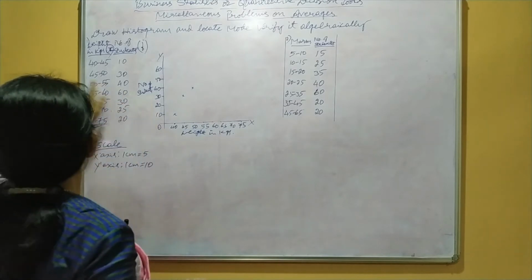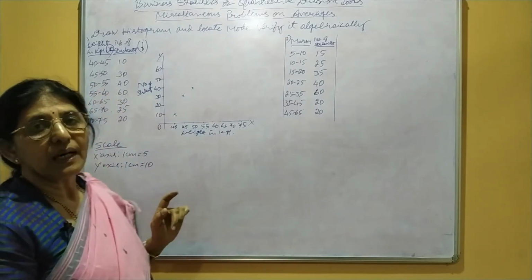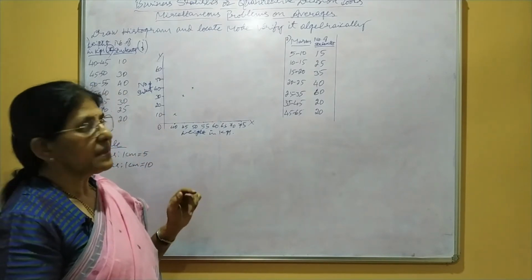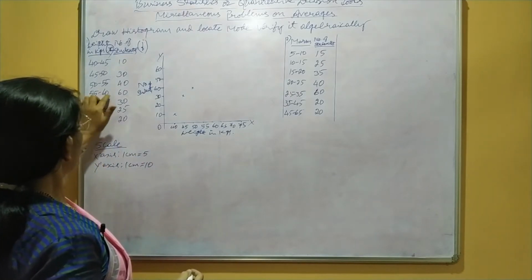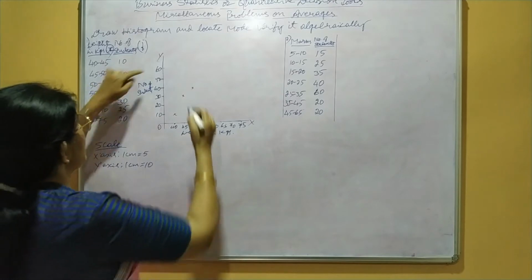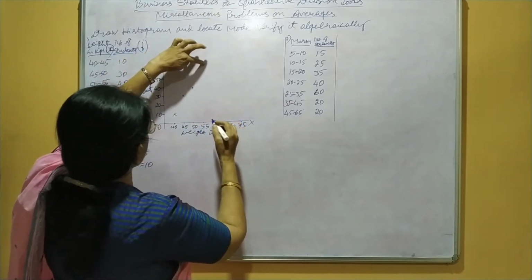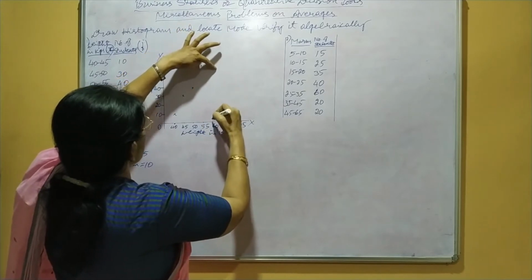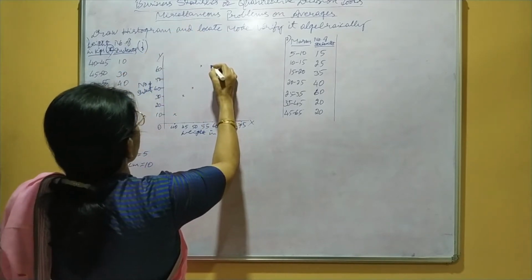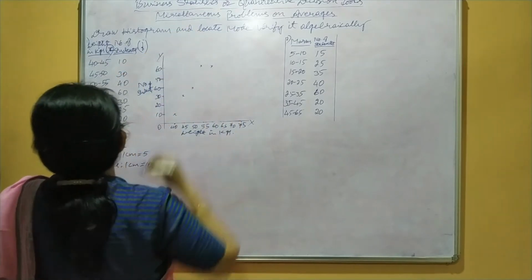Then 60 is the highest frequency. We have to mark corresponding to both the limits, lower limit 55 as well as upper limit 60.